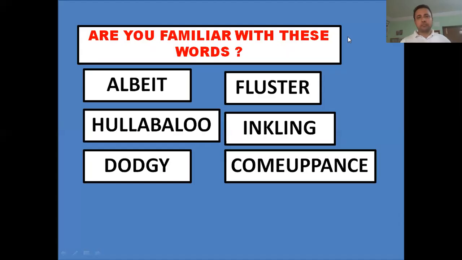Shall we start? So friends, are you familiar with any of these words or all of these words? Albeit, budge, comeuppance, dodgy, egg on, and fluster. Don't worry, I'm going to talk about these words and some more in today's video. Let's start.